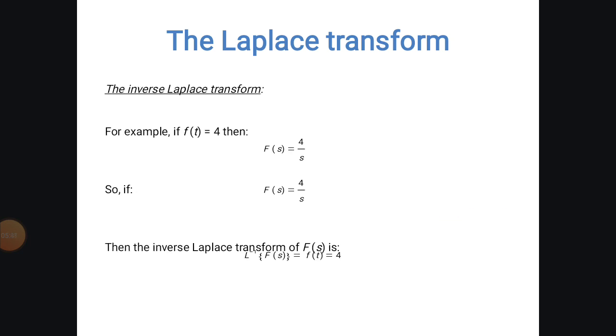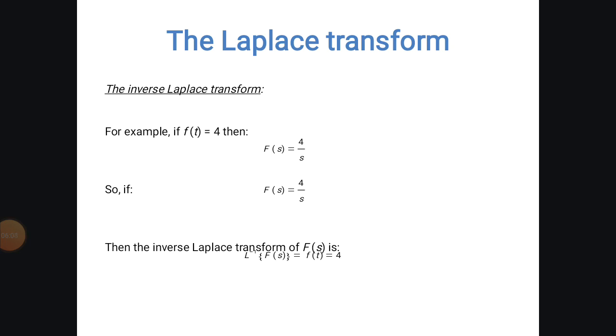Remember, for example, if f of t is equal to 4, then F of s is 4 by s. You can find this out now. So if I'm taking its inverse now, if F of s is 4 by s, and we want to find f of t, we'll take the Laplace inverse on both sides.